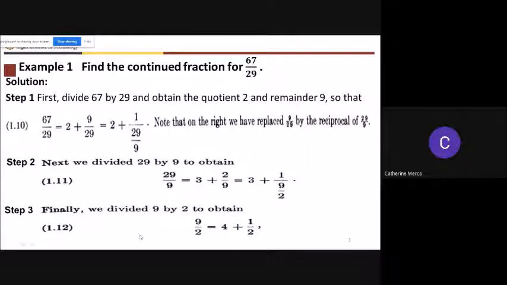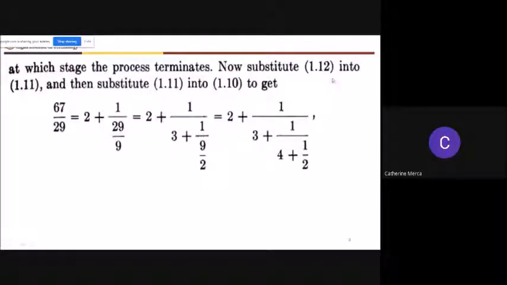What do we do again? You try to substitute 1.12 into 1.11, and then substitute 1.11 into 1.10 to get 67 over 29. So you will have 2 plus 1 over 29 over 9, but 29 over 9 can be written as 3 plus 1 over 9 over 2, and then replace 9 over 2 again by 4 plus 1/2.